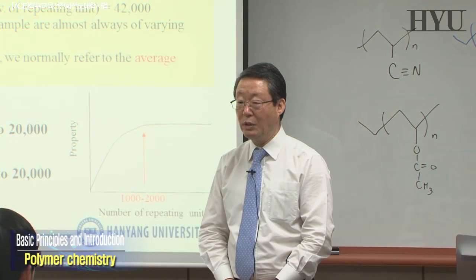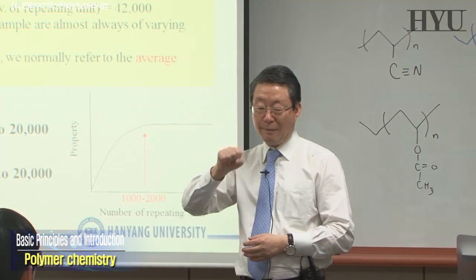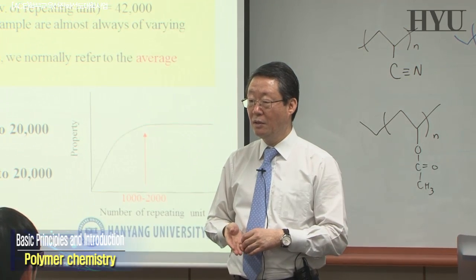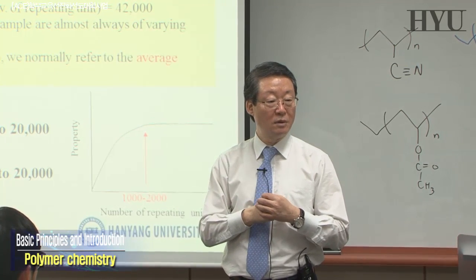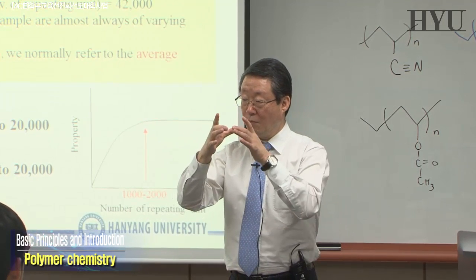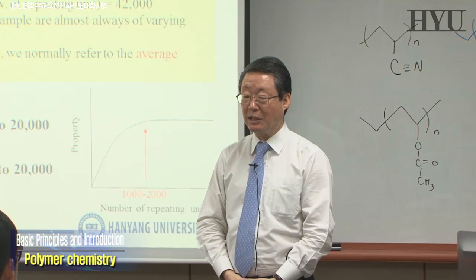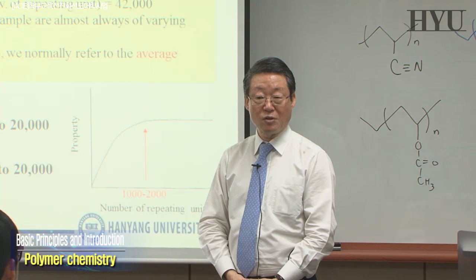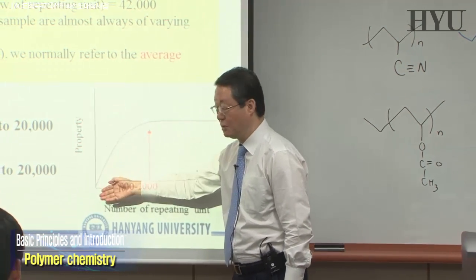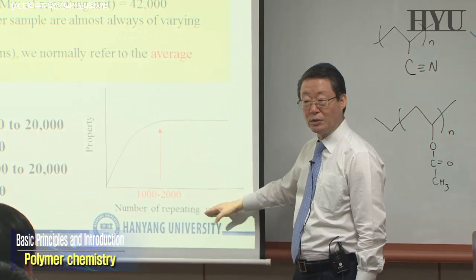If the molecular weight is not enough, your fiber will be broken if I just grab it. The plastic film cannot be formed. A plastic bottle cannot exist without sufficient molecular weight. So material property, whatever it is, looks something like this depending upon the molecular weight.